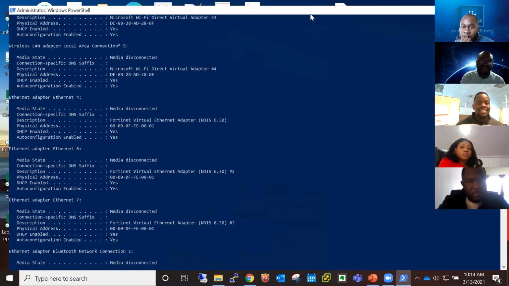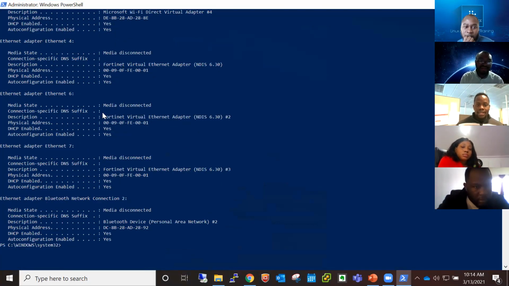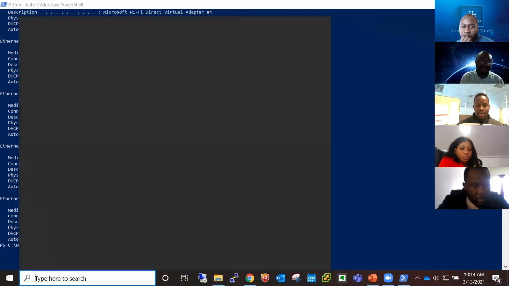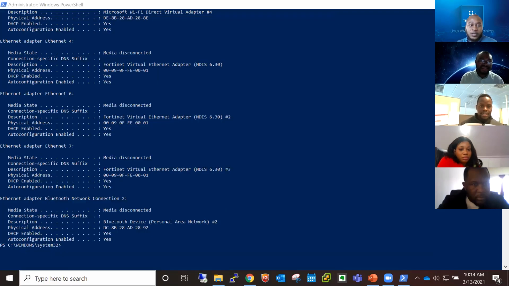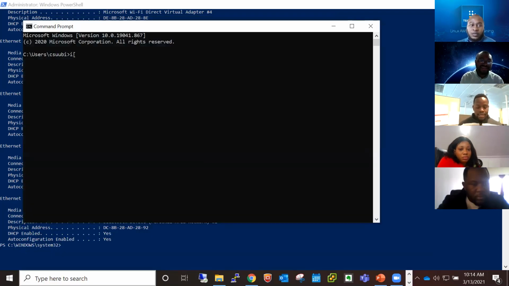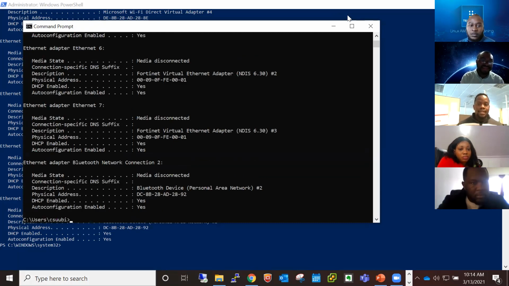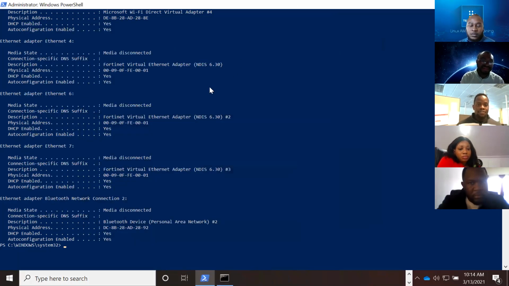And then the other way that I can get to this prompt is just by typing CMD here and pressing enter. And then I can also do the same thing again right here, ipconfig /all, and I get the same output that I have in here.